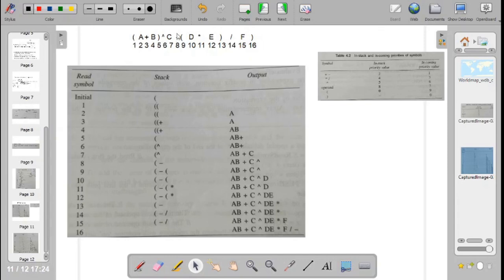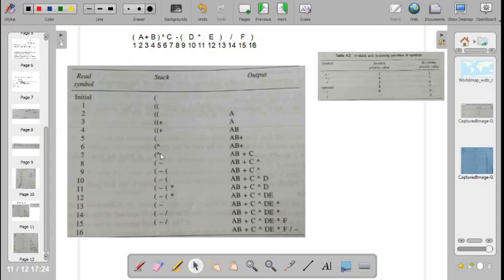Now you encounter minus. When minus is encountered, what happens? Minus is an operator, so the priority of minus and that of exponentiation is compared. The in-stack priority of exponentiation is 5 and the incoming priority of minus is 1. So this has a higher priority. Higher priority on the stack means you have to pop it, right?